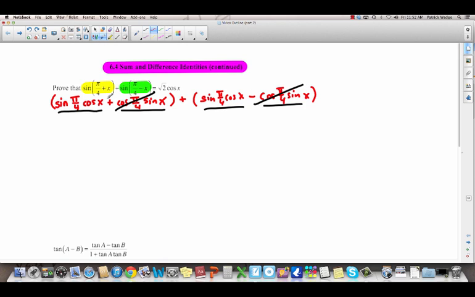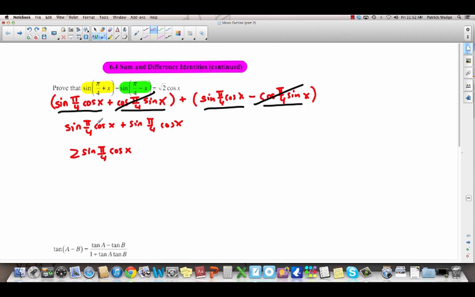They're gone. The only thing you have left is sine pi over 4 cos x plus sine pi over 4 cos x. You've got two of them, so you have 2 sine pi over 4 cosine of x.